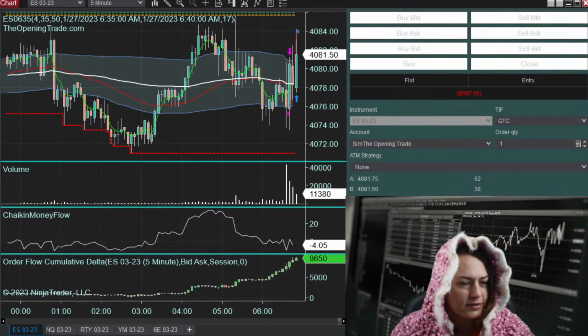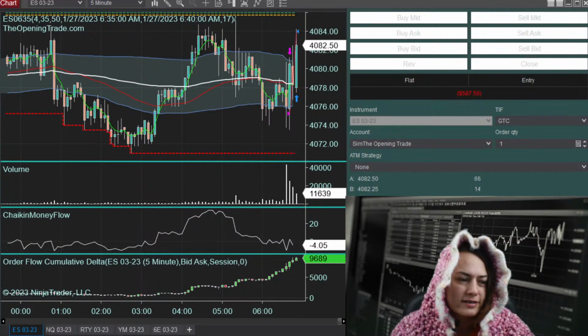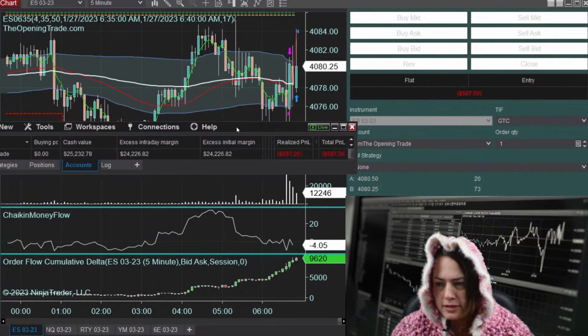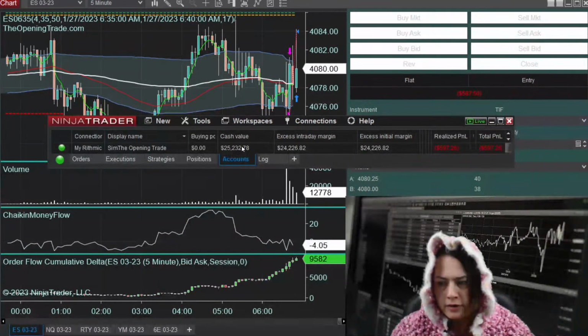Don't forget to read and understand all associated risks listed on the website and in the video description. So now that both our trades have gone off, here is our performance account balance in our simulated account for the opening trade. And we saw a realized loss.